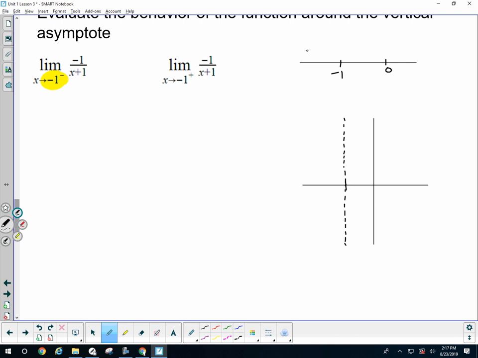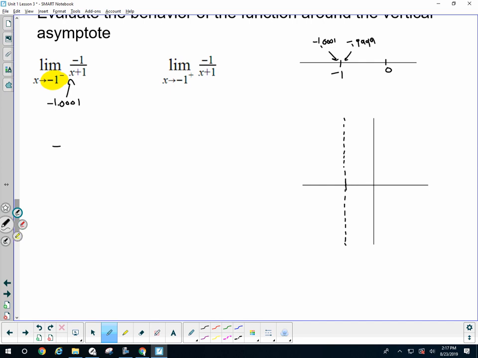This is what I'm going to do. I'm going to pop over here to this number line. Number lines are going to help us, because I know to the left of -1 is something like -1.0001. To the right of -1, something like -0.999. I'm going to think about taking -1.0001 plugging in for x.